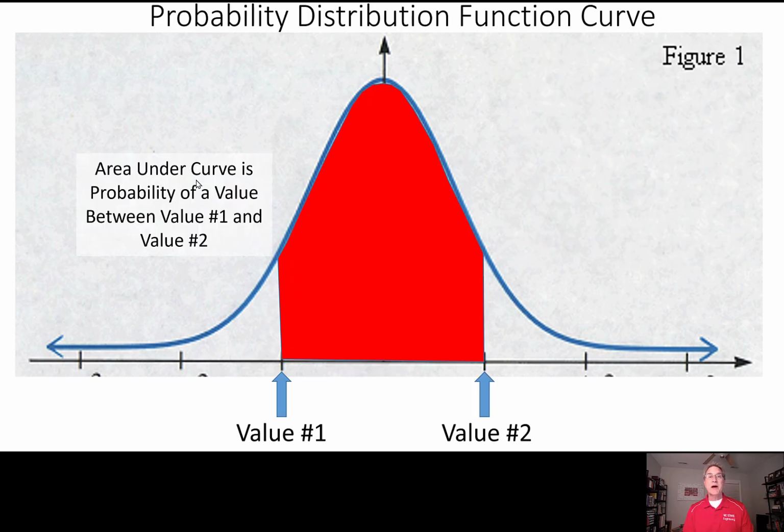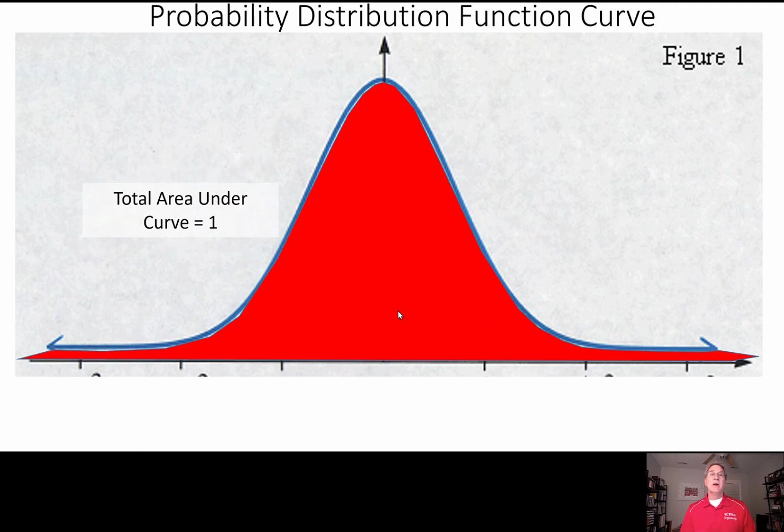And a couple things about the normal. Number one, obviously it is symmetric. And what we're going to find is that the probability is the area under the curve. I have two values, and I'm wondering what the probability is of getting a value in between here and here. So the area under the curve is that probability. Now, the whole area is 100%.